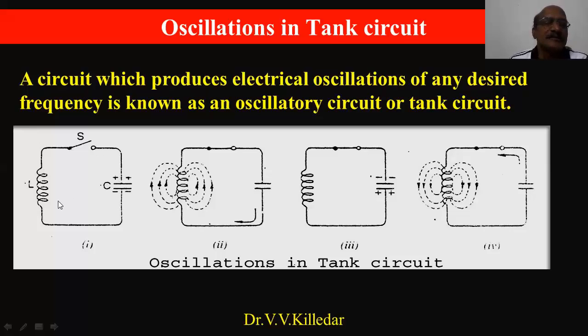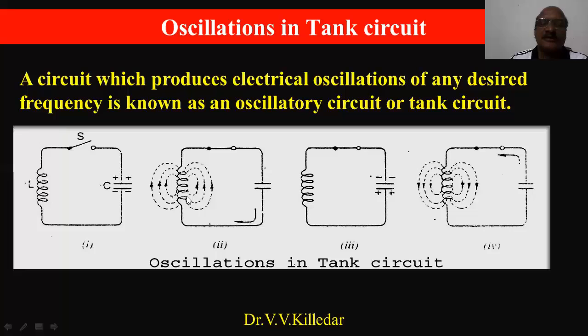Now, consider a coil or inductor L connected between the two terminals of the capacitor as shown in the figure through the switch S. Now, when I close the switch S, what will happen? The charged capacitor now starts discharging through this coil, or the discharging current will flow through the coil.